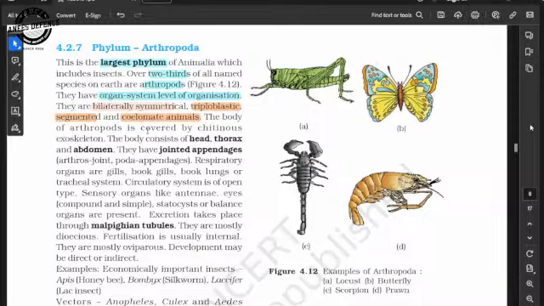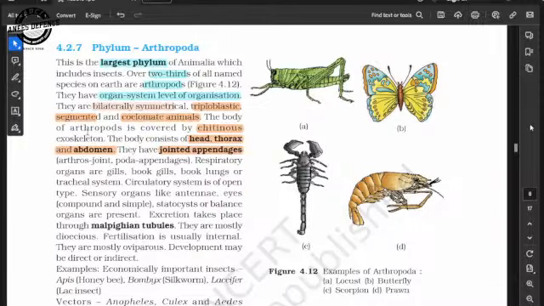Body is covered by chitin. What is chitin? N-acetylglucosamine, NAG. Exoskeleton. Body is divided into three parts: head, thorax, and abdomen. So they have jointed appendages.